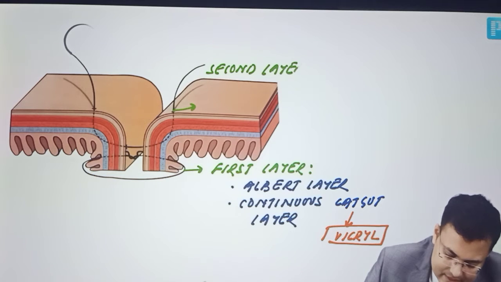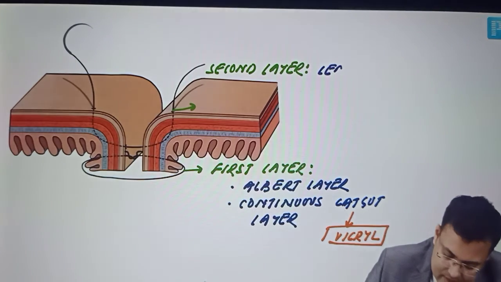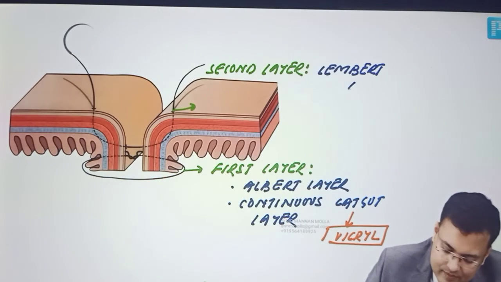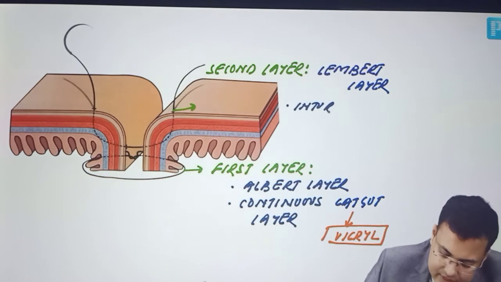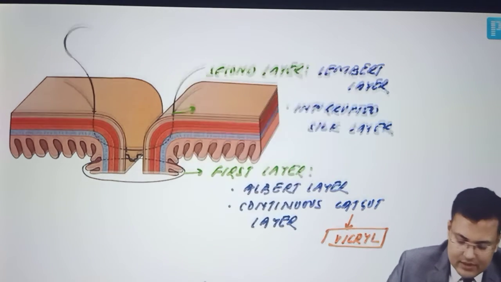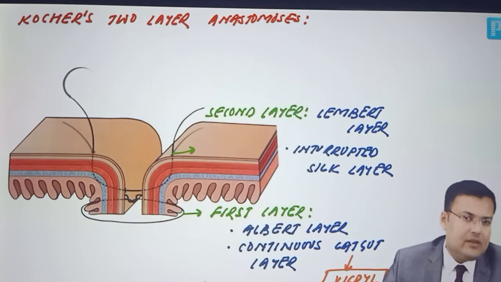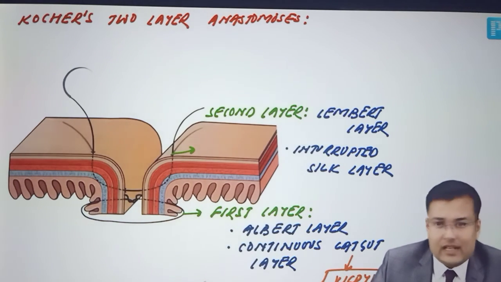It is also known as the interrupted silk layer. So here we are using silk for suturing. Clear? Initially this was favored. This is Cocker's 2-layer anastomosis, but nowadays we favor single layer extramucosal anastomosis.